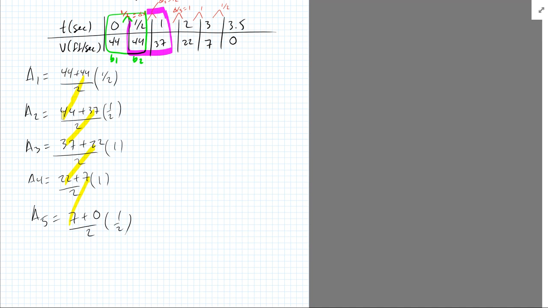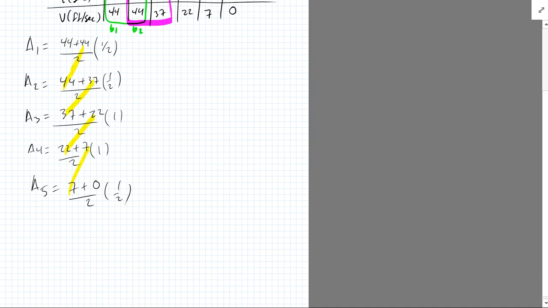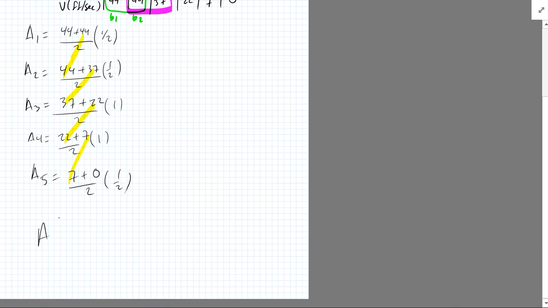You're done. If I give you a calculator, can you find that this is going to equal my total? The total area is going to be approximately 88 feet. I can't remember if I rounded to 3 decimals or not.